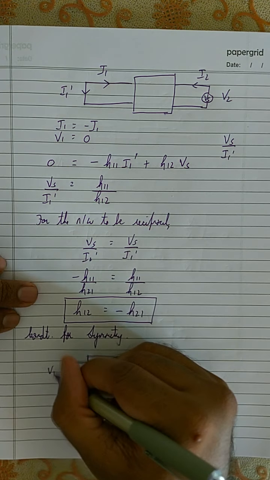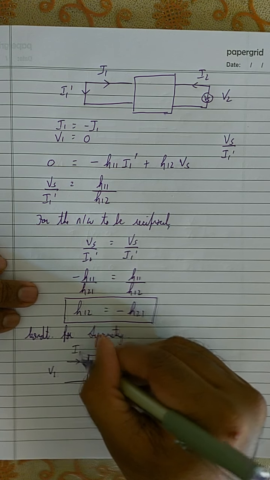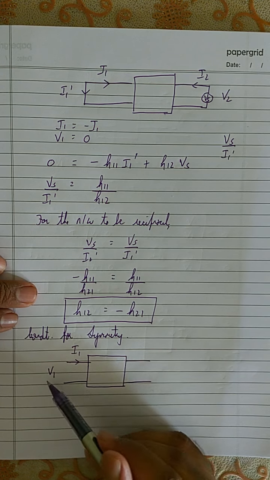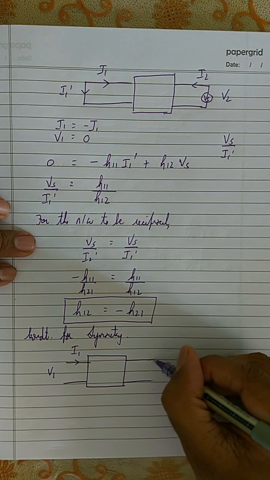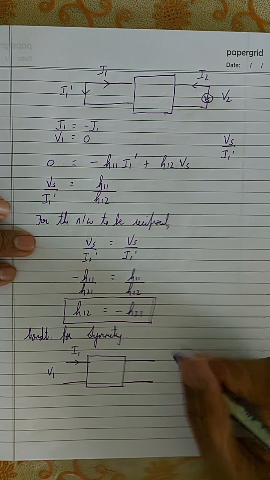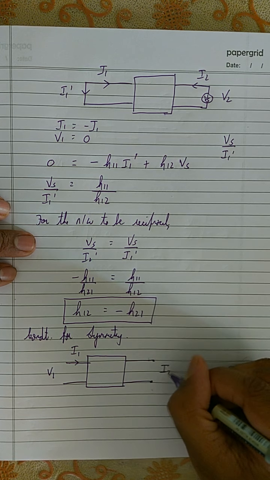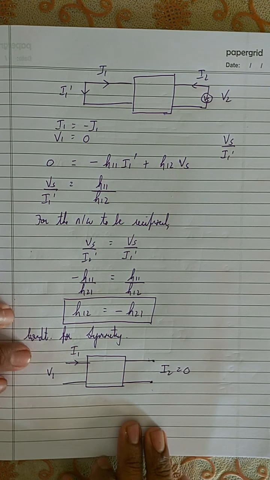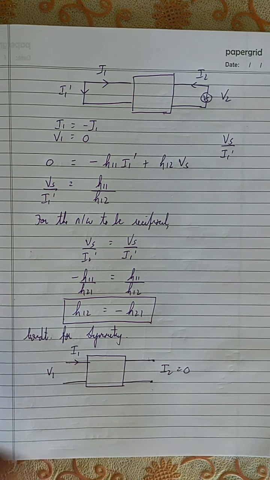So here this is V1, this is I1, so I need to find the value of V1 by I1 keeping the output port open. So output port open means I2 is equal to 0.